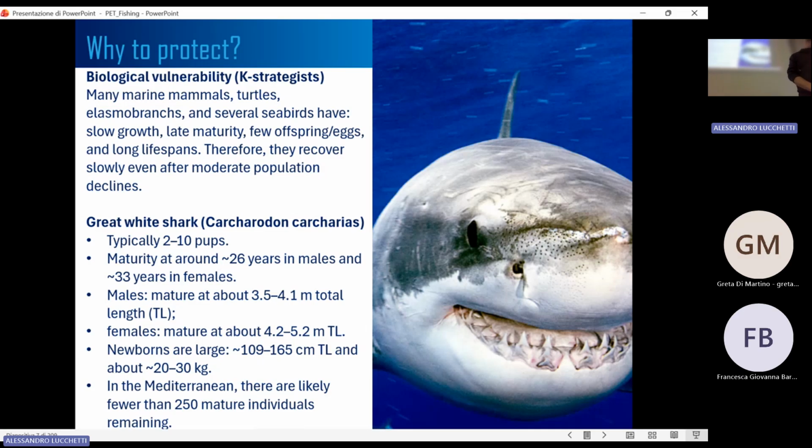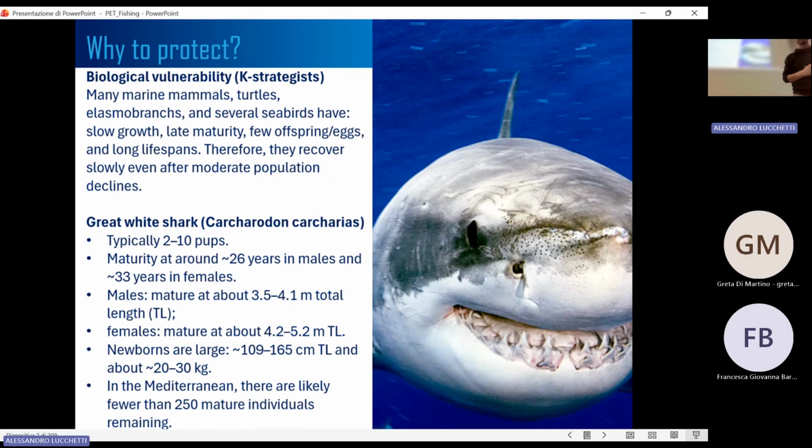Or if you consider this species, now speaking about sharks is quite funny and sexy. But to be honest, when you speak about the white shark here in the Mediterranean, you can just have sightings. Therefore, you cannot speak about a resident population.